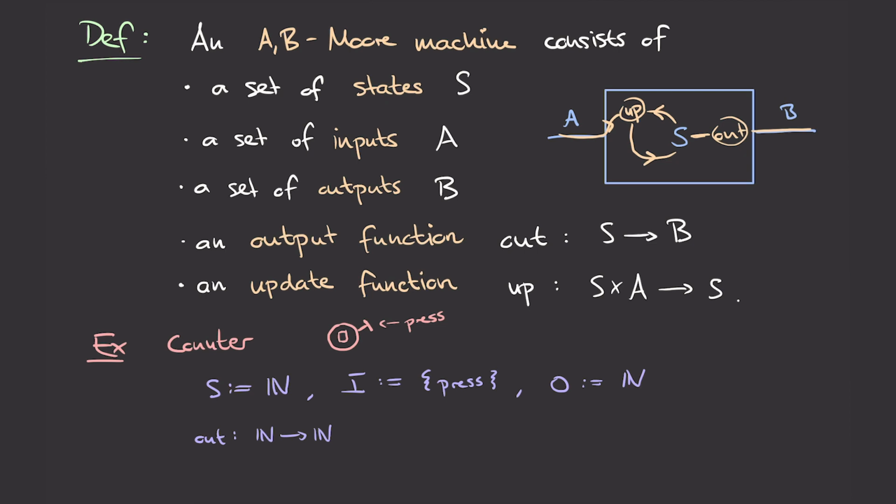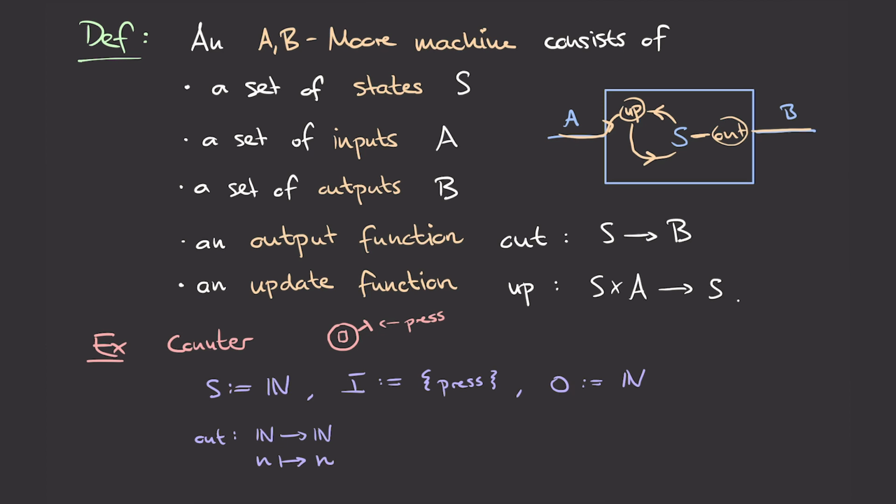On the other hand, we're thinking of the outputs as being the number that the counter is currently displaying, which should also just be the current count. So this means that our output function should take the current count, thought of as a state, and just display it. So it'll map some natural number n just to the same natural number n. Therefore, our output function is in fact just the identity in this simple case.